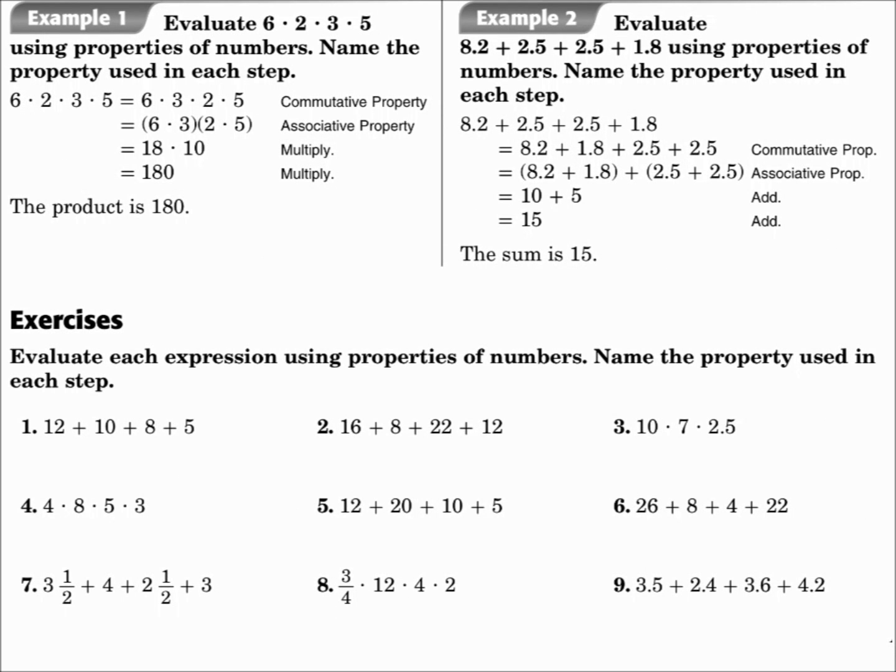Example 1. Evaluate 6 times 2 times 3 times 5 using the properties of numbers, and name the property used in each step. The reason you would switch things around here is to give you easier numbers to work with. As I'm looking at those numbers, 2 times 5 will give me a 10, which is an easy number to work with.